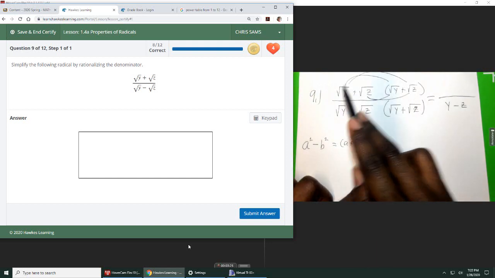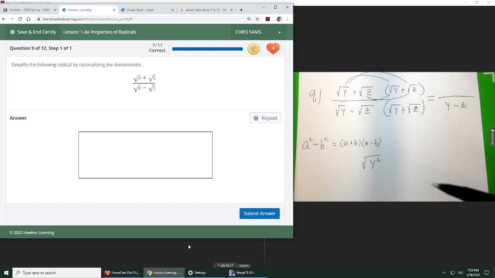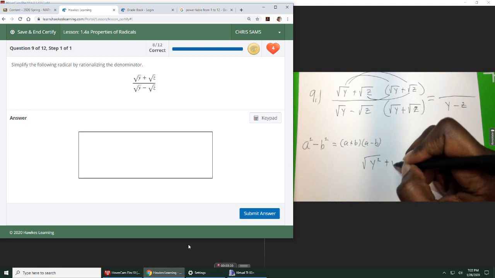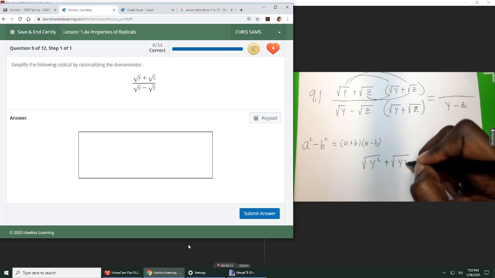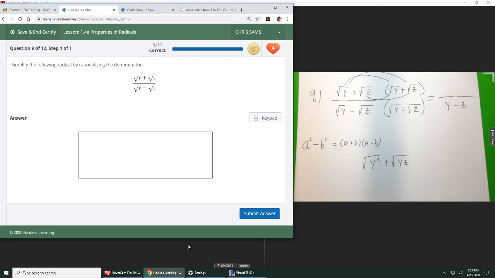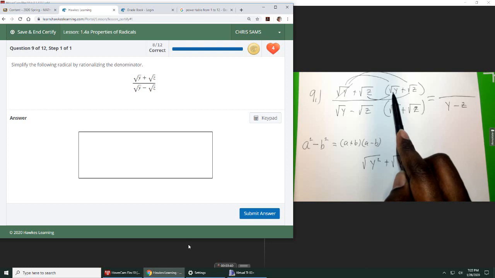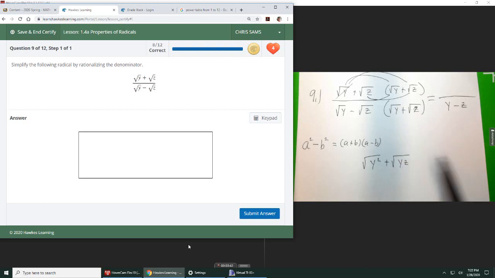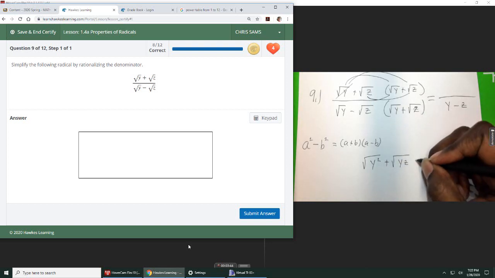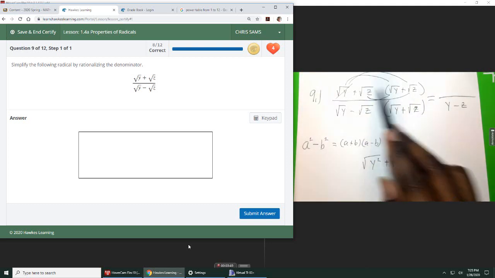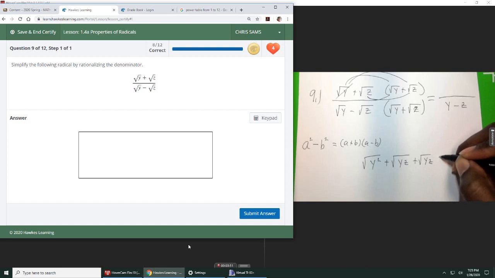Square root of y times the square root of z is just going to be the square root of yz. I can't do anything with them. They're different. So I'm done with y. I've done y times both of them. Now I'm going to do z. Square root of z times y, again, is going to be yz. I'm just putting them in alphabetical order so that I can combine them. And then square root of z times square root of z is going to be square root of z squared.